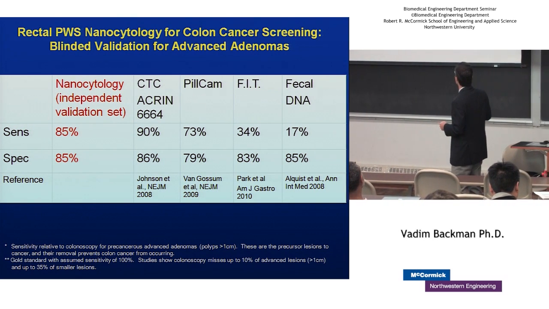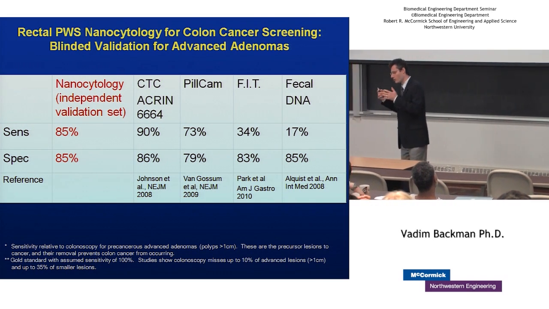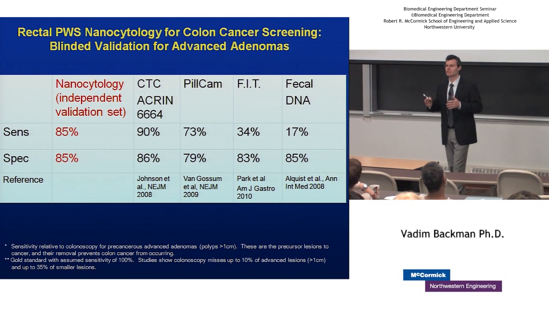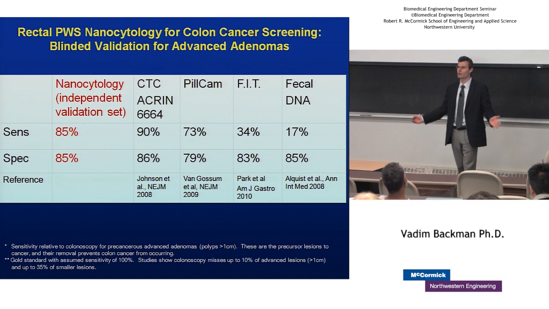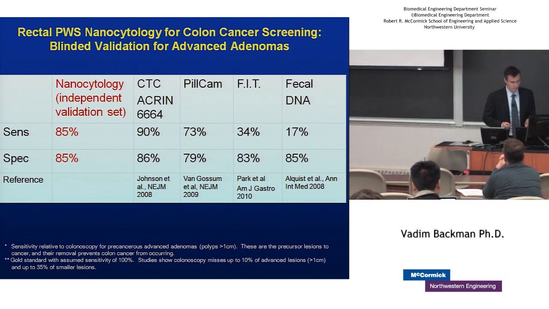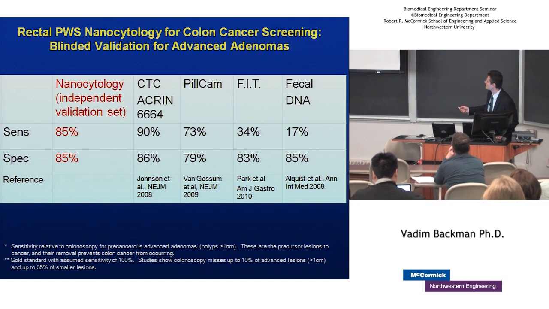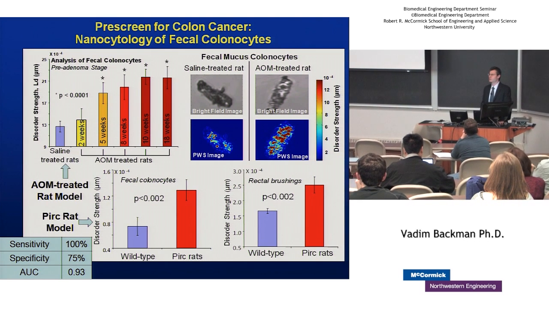So 34% sensitivity means that only 34% of patients who have the lesion actually get detected, and the majority of patients do not. They're told, you're normal, go home, don't worry about it. So this kind of screening test would potentially cause more harm than good. So this test compares very favorably to this.